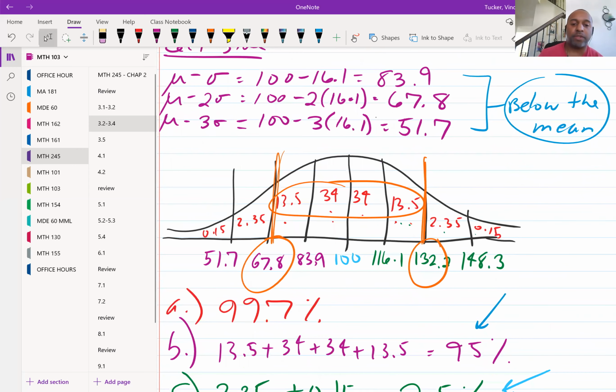That's why we have 13.5, 34, 34, and 13.5. Adding those together gives you 95%. You can play around with these and see how much percentage of students would be expected to score within certain scores. Any combination of numbers, they could ask you anything, and all you would do is add the percentages between those two numbers.